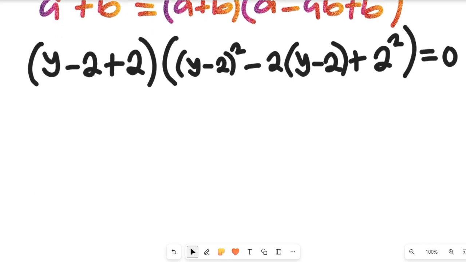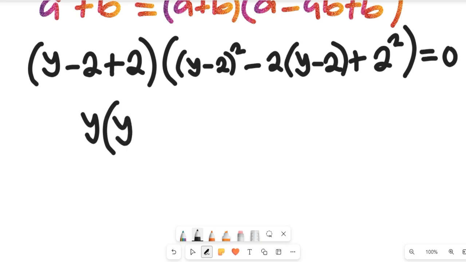Now, if we expand this, you come to see that this whole place will give us what? y. Because minus 2 plus 2 is equal to what? 0. So this expression, if we expand this, we are going to have y square, which is this, y square minus 4y plus 4, right?